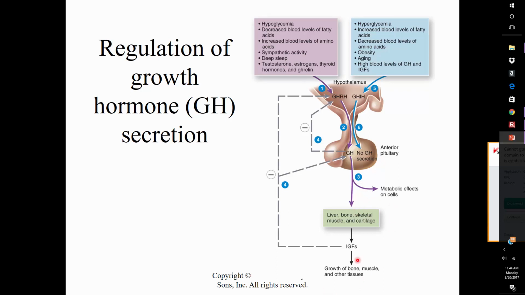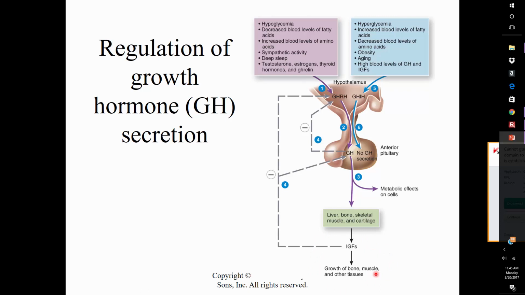So if IGF and growth hormone are low, then we remove the negative feedback, and GHRH can increase and growth hormone can increase. So the thing we're regulating by negative feedback is basically the level of IGF and the level of growth.